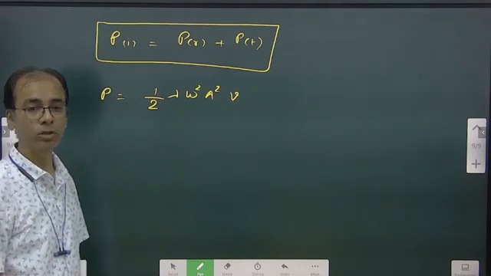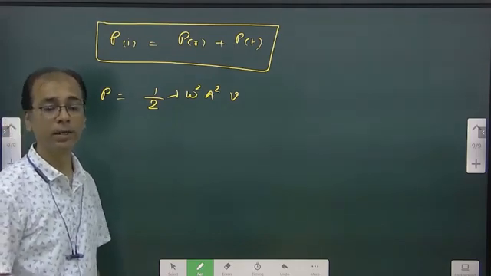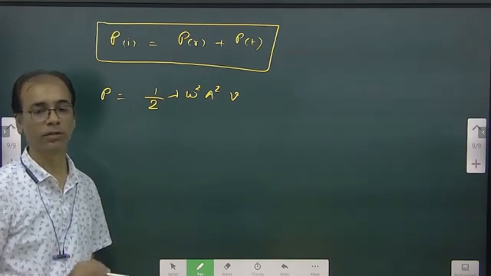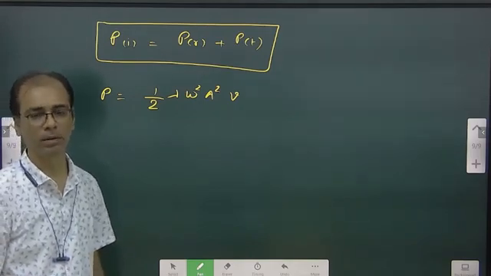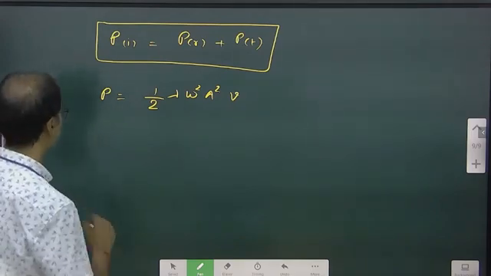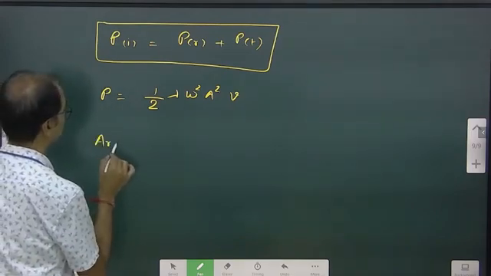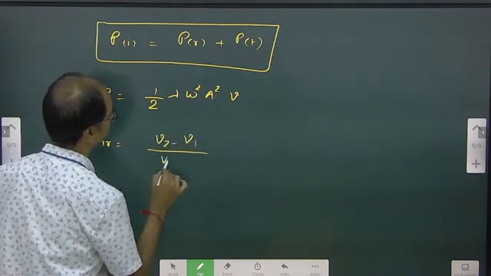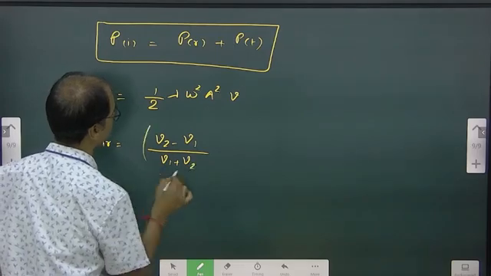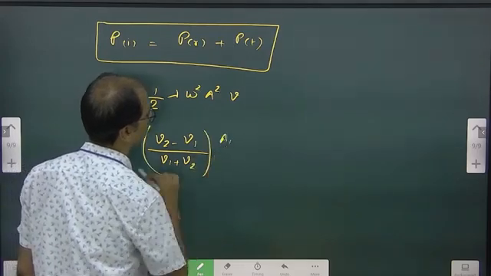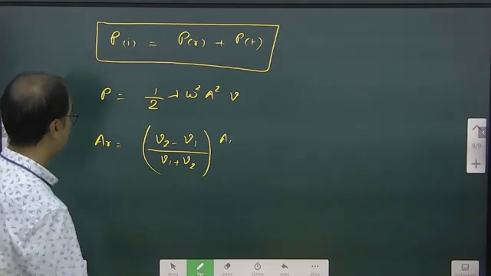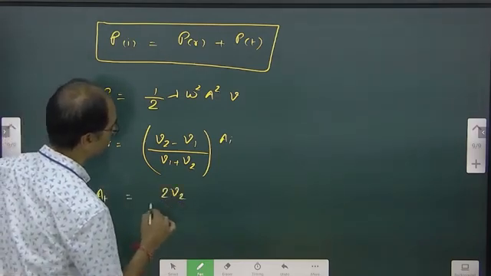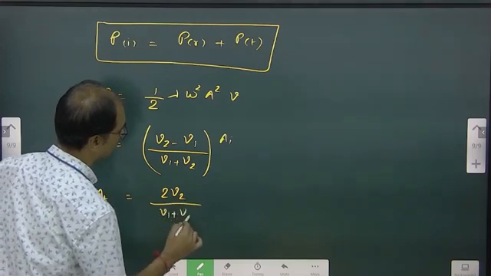Then we should also know how to find the amplitudes of reflected and transmitted wave. Okay, for that also some formulas are there that you have to remember. So what is amplitude of reflected one? It is (V2 minus V1) by (V1 plus V2) into amplitude of incident one. And AT is what? 2V2 by (V1 plus V2) into AI.